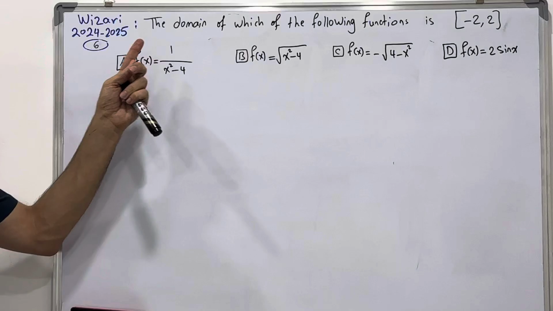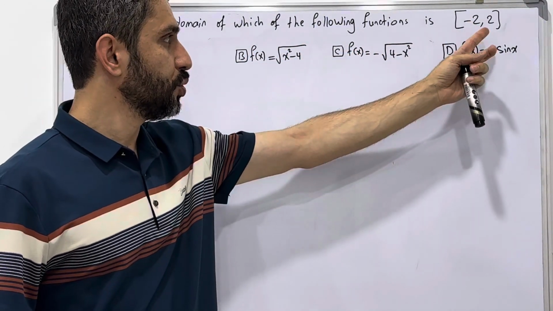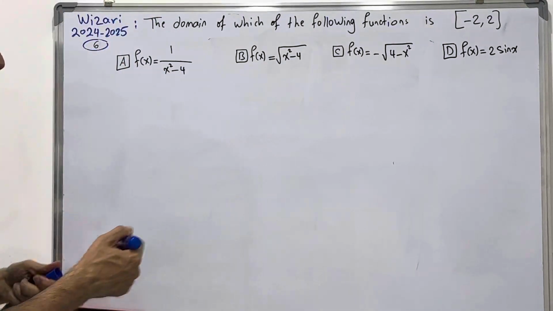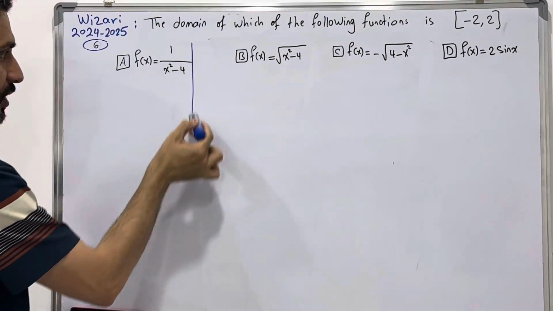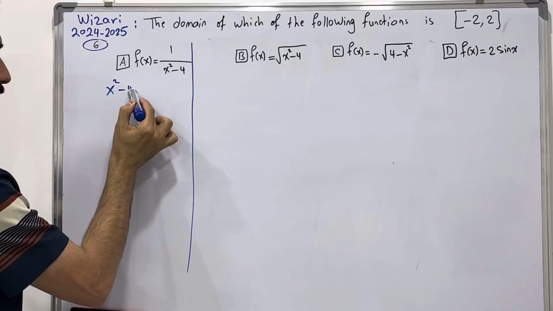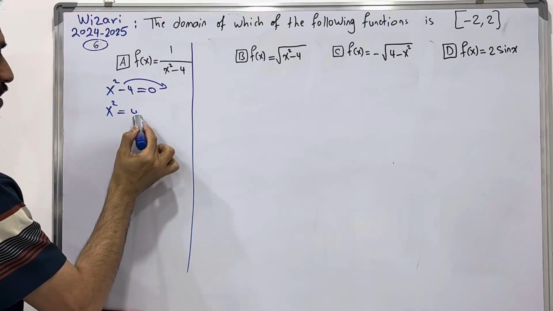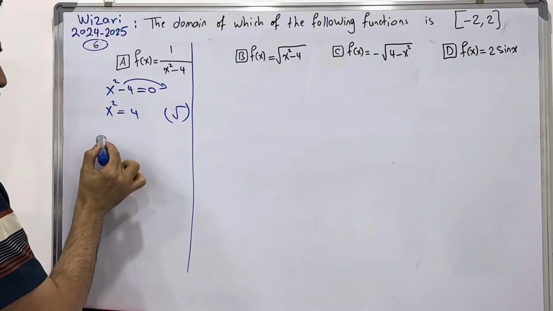And this one, the domain of which of the following functions is negative 2 to 2 inclusive. Let us find the domain of each function separately. This is rational, make the denominator 0. So move negative 4 to the other side, to be positive. Square root both sides.